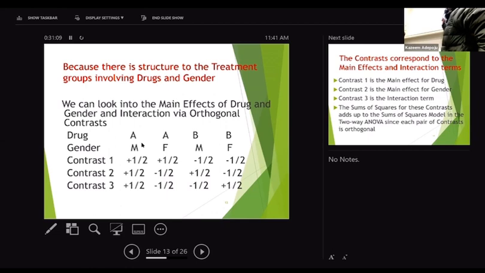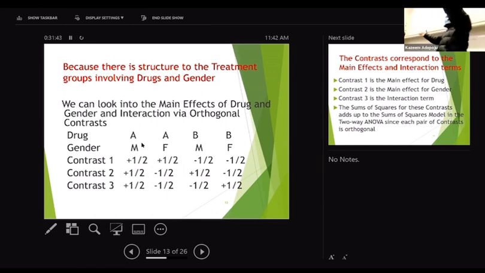If I want to construct contrast one, I'm putting plus half on the drug A entries, for male and female, and I'm putting minus half on the drug B entries, for male and female. What am I testing there? I'm only testing if there's a significant difference between drug A and drug B. That is what contrast one is testing.